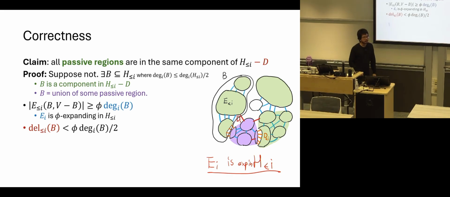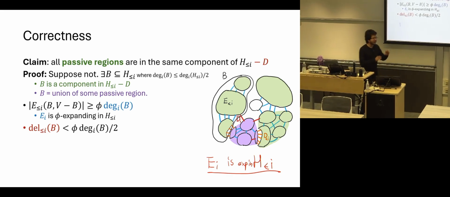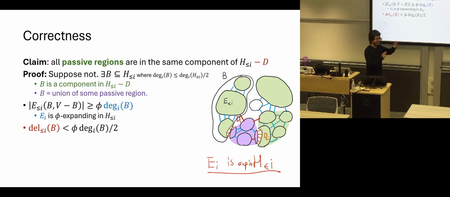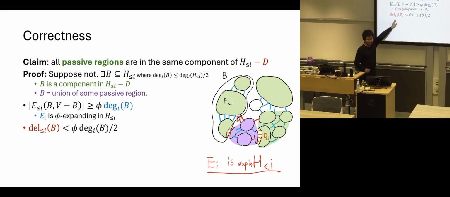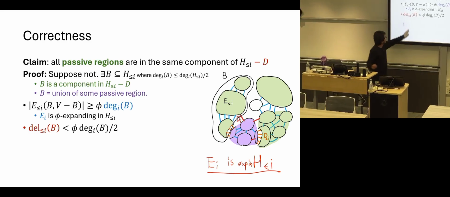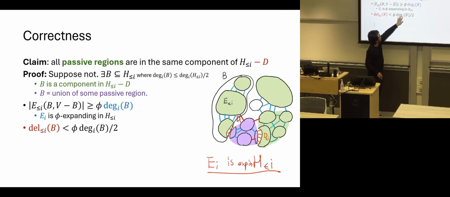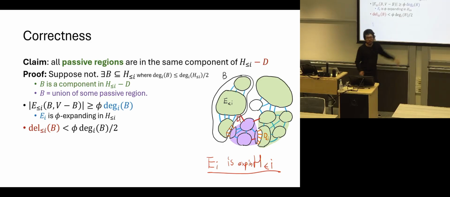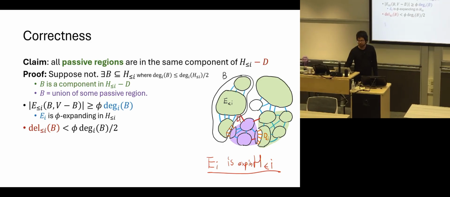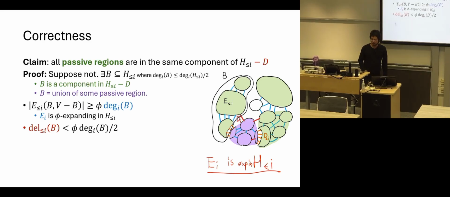That's because B is passive? Yeah, exactly. B is a union of passive regions, so this needs to be small. How small? Deleted at most I of B is at most phi times degree I of B over 2, because B is a union of passive component regions.